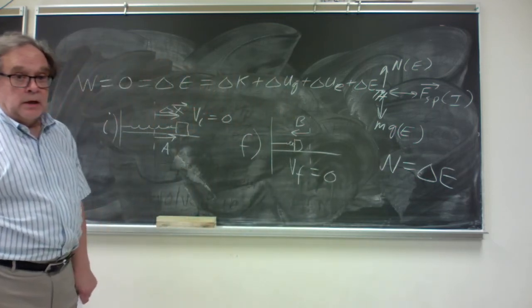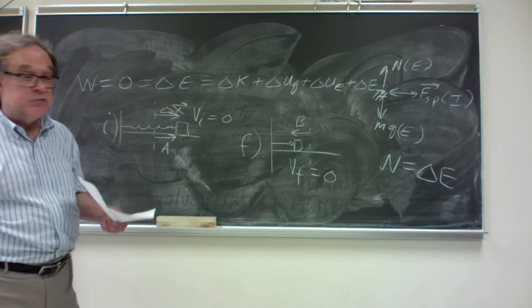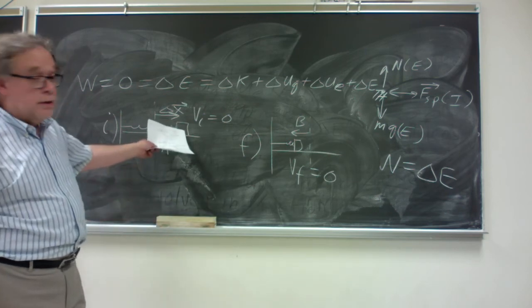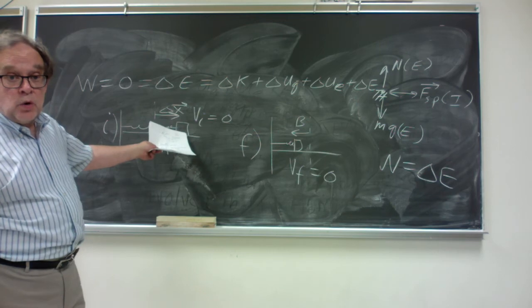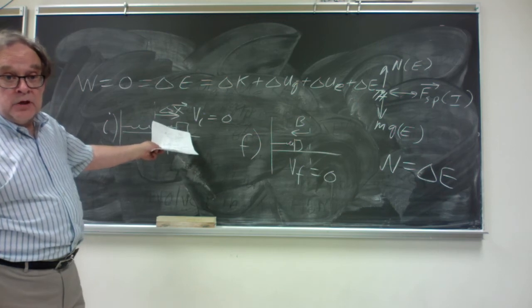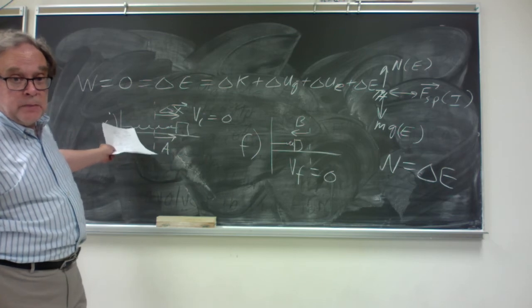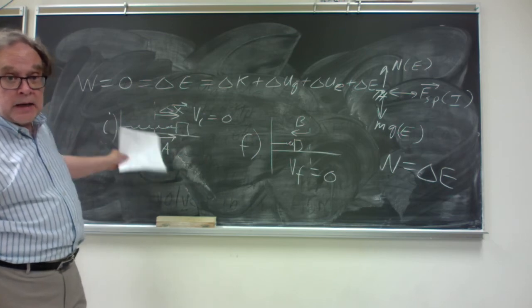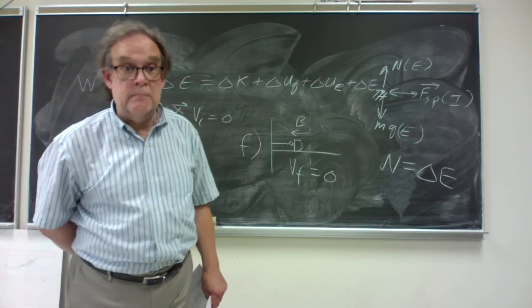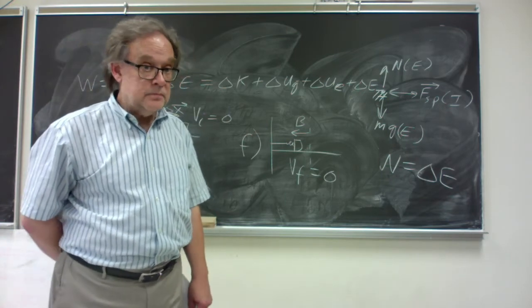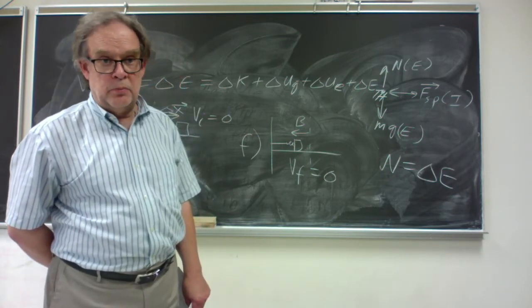So the process that we're looking at takes half a cycle, starting when the mass is over on one side of equilibrium at its maximum distance away, and then ends when the mass is on the other side at the maximum possible distance away from the equilibrium point.